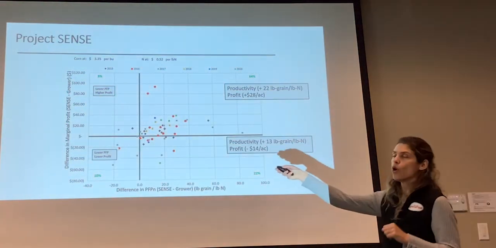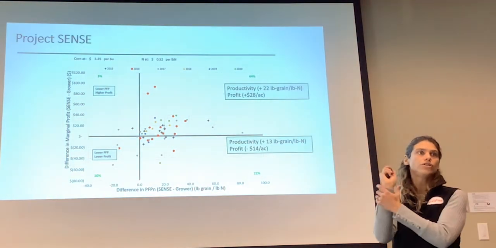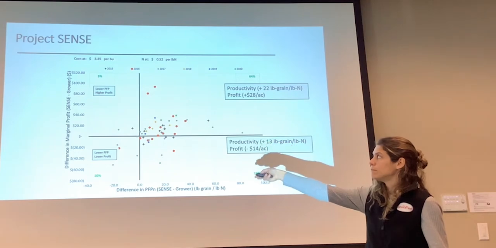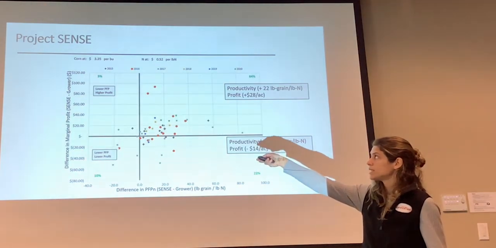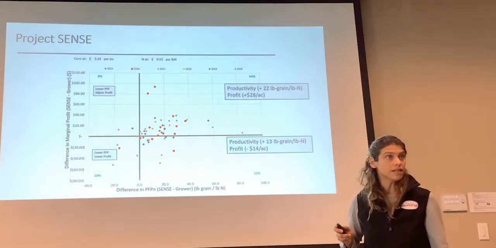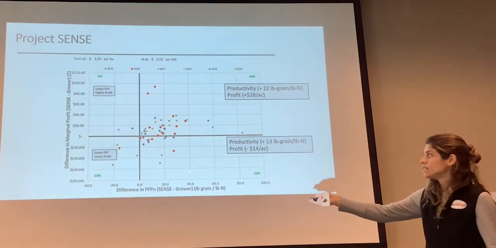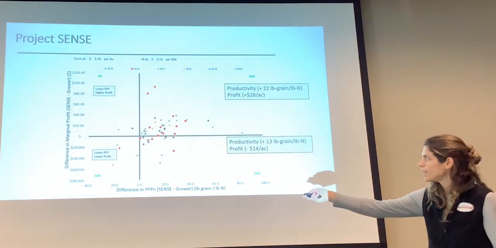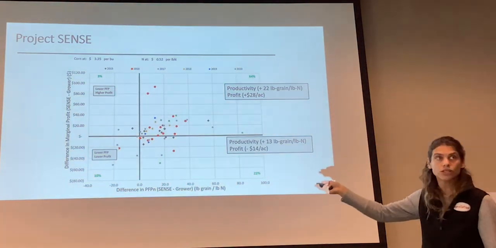When we look at all the 80 sites across these 6 years of research, this is the difference in profit between sensor and grower. So whatever you see in the top bar is positive. And then the difference in nitrogen use efficiency or partial factor productivity. So whatever you see on this sector is good.